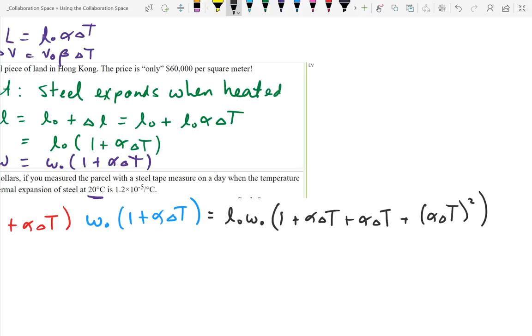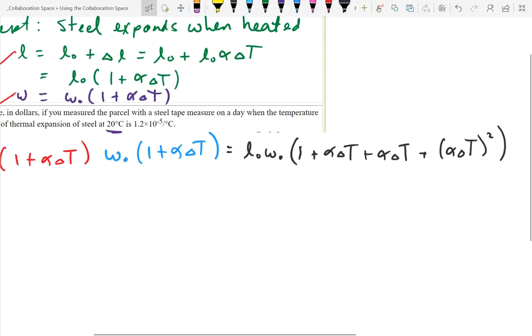Now, something that we physicists like to do: we like to get rid of small numbers when they're insignificant. Well, actually, I'll let you calculate this rather than just tell you we get rid of it.